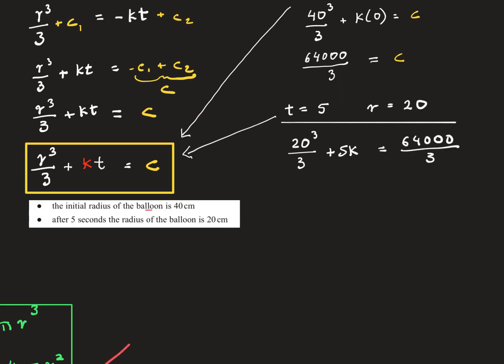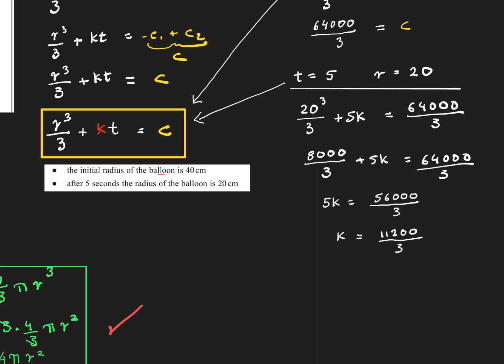And that will be 8,000 over 3 plus 5k is equal to 64000 over 3, where 5k is 56,000 over 3 and k is 11,200 over 3.